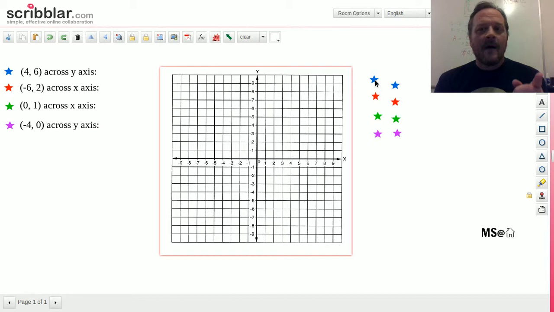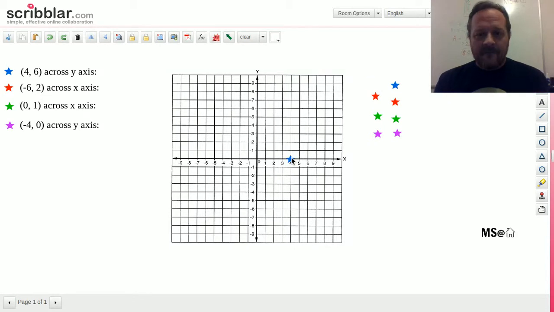I'm going to put a blue star at 4, 6. Right there. Now, the instructions are telling me to reflect it across the y-axis. So see, here's the y-axis right here. Let's pretend the y-axis is a mirror. This little blue star is looking in the mirror.